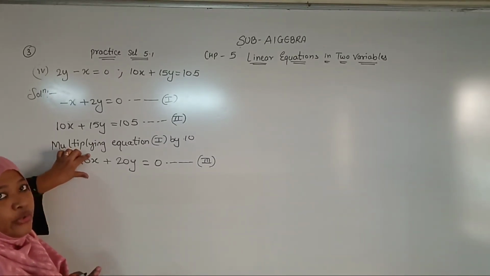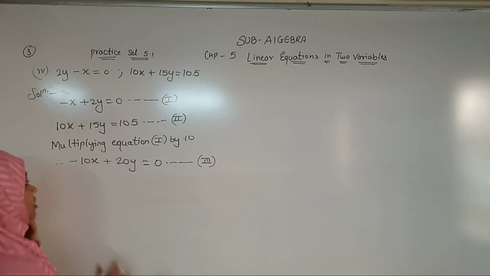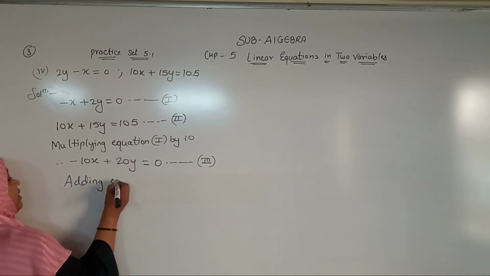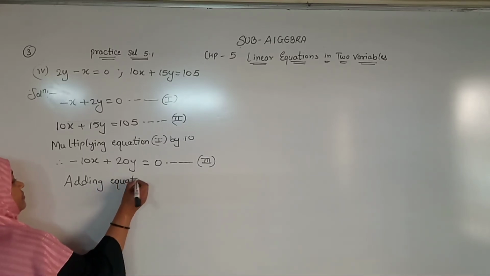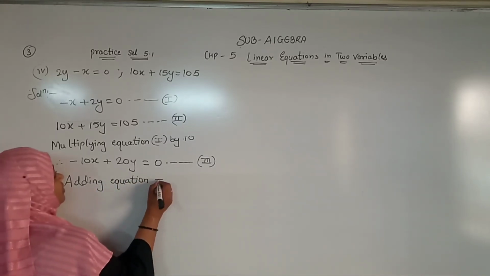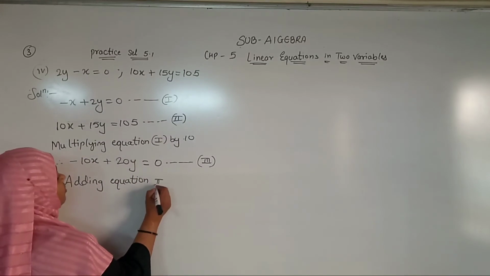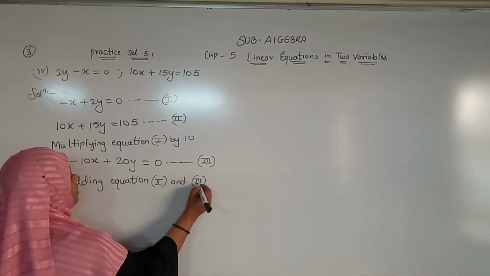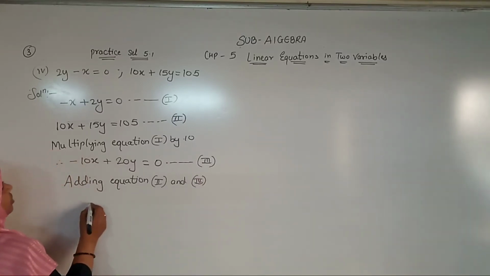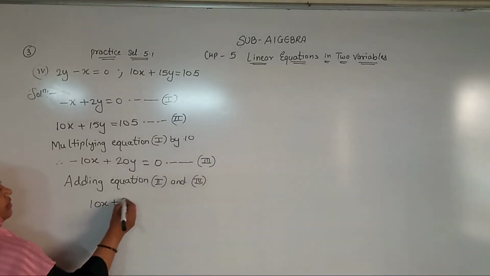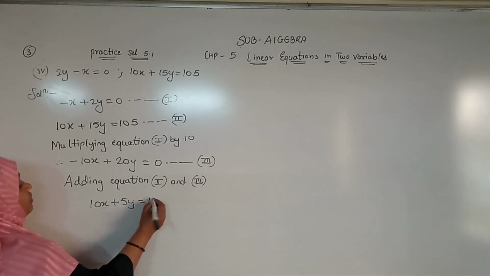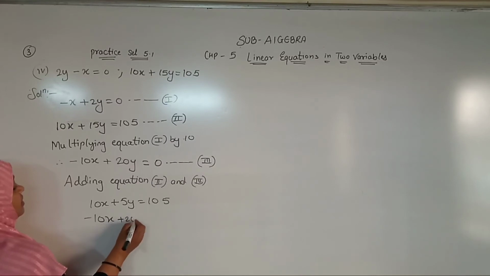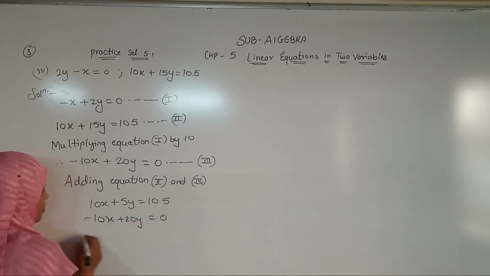So what am I going to do? If I have opposite signs, I am going to add. Adding equations 2 and 3. What is equation number 2? 10x plus 5y equals 105, and minus 10x plus 20y equals 0.